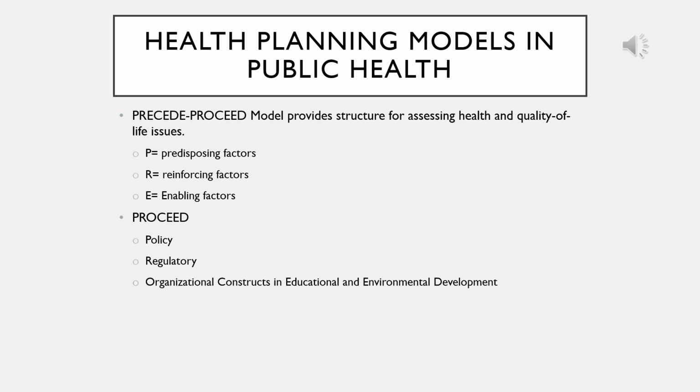The R is the reinforcing factors, and these are positive or negative effects of adopting new behaviors, things like social support. And E is enabling factors, and these are the environment or the community of an individual that facilitates or presents obstacles to change.